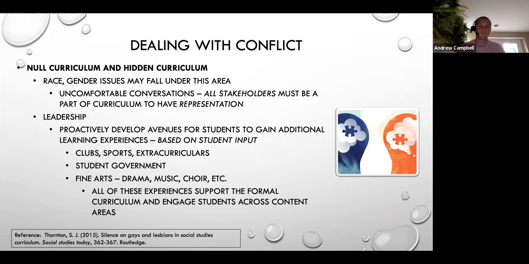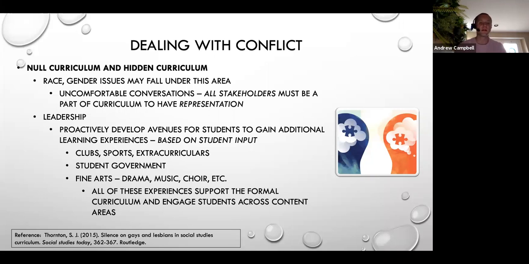Of course, these are uncomfortable conversations, but we need to make sure that all stakeholders, that's leadership, staff, teachers, everybody that is part of the curriculum, has representation. As a leader, it's important to proactively develop avenues for students to gain additional learning experiences, and of course we want to base these on student input.